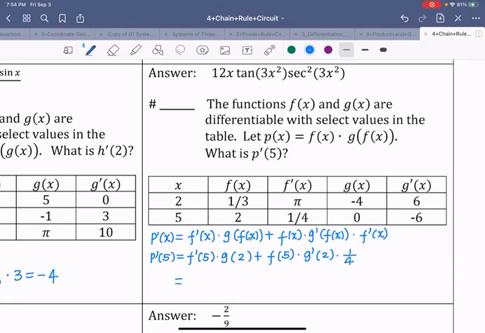Next, f prime of phi is who? 1/4. And then times -4 plus 2, and then times 6 times 1/4. -1 plus 3 equals 2. Correct? Yes.